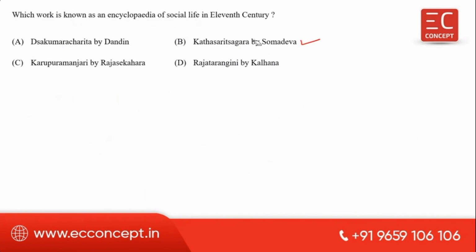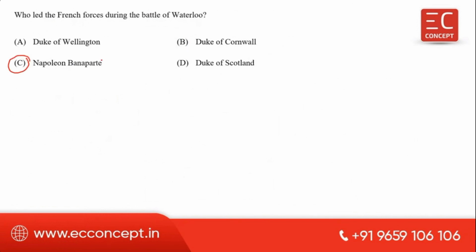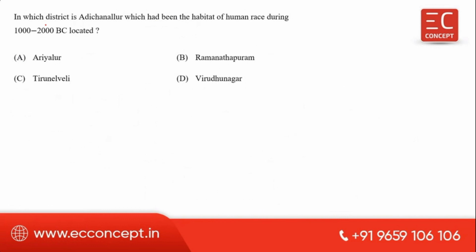So B is the answer. Next one. In which district is Adichanallur, which had been the habitat of the human race during 1000 to 2000 BC, located? So actually this answer is Thoothukudi.